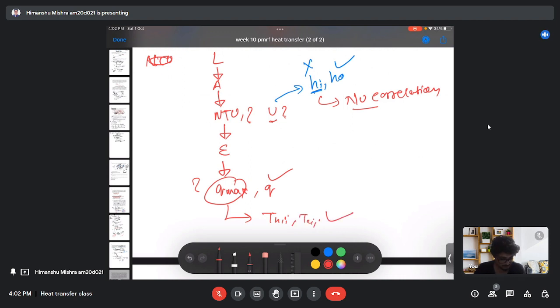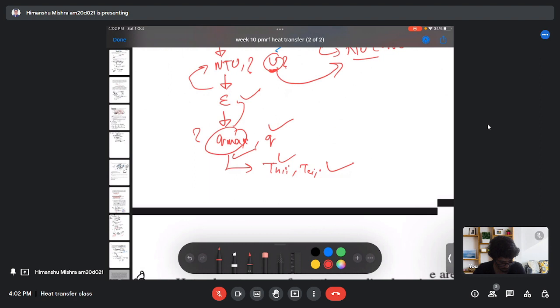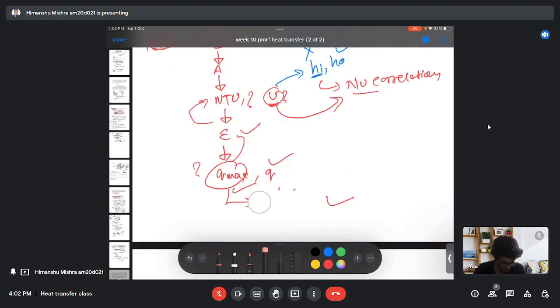Then we can find the effectiveness, and from the effectiveness, by using the graphical method or the correlation, we can find the NTU. I already discussed how to find the overall heat transfer coefficient. So let's go one by one.